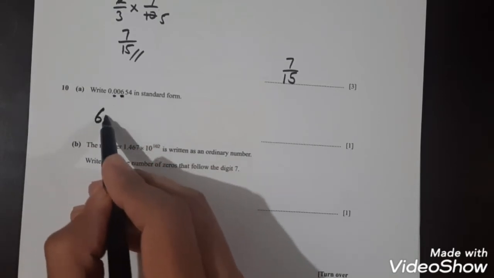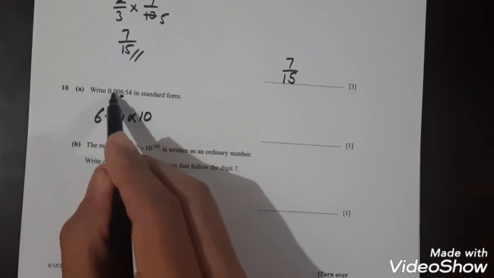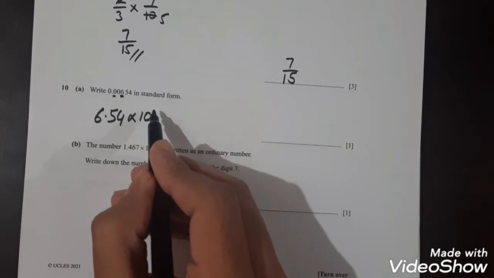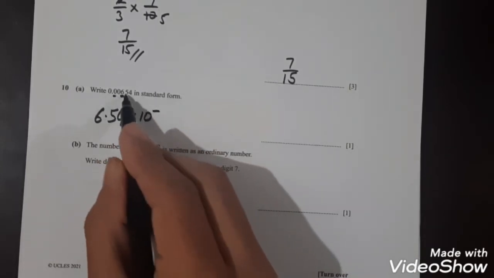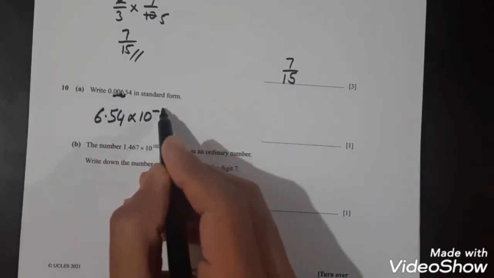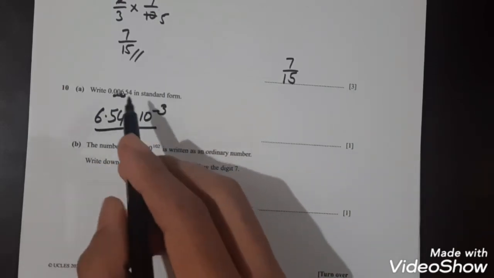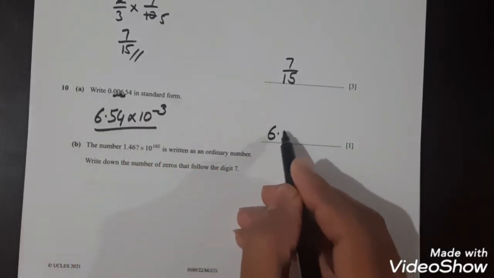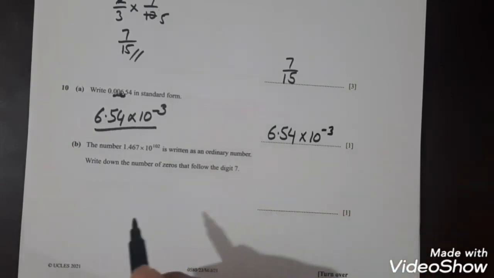So we write 6.54 multiplied by 10 to the power of, over here there are 2 zeros after the decimal, so we write 10 to the power of minus 3, because 1 2 3, so minus 3. So this will be the standard form of 0.00654. So write 6.54 multiplied by 10 to the power of minus 3.